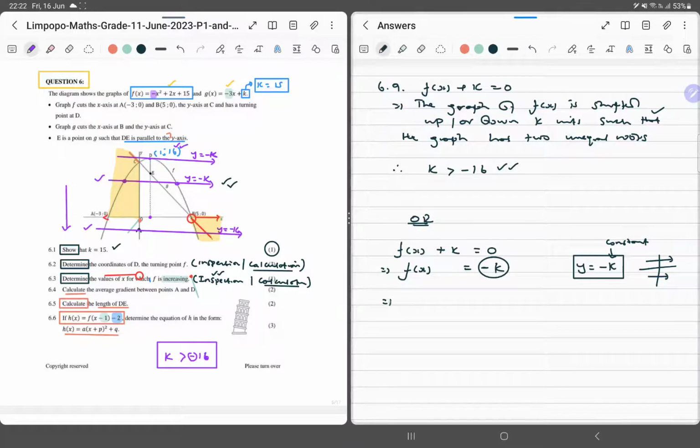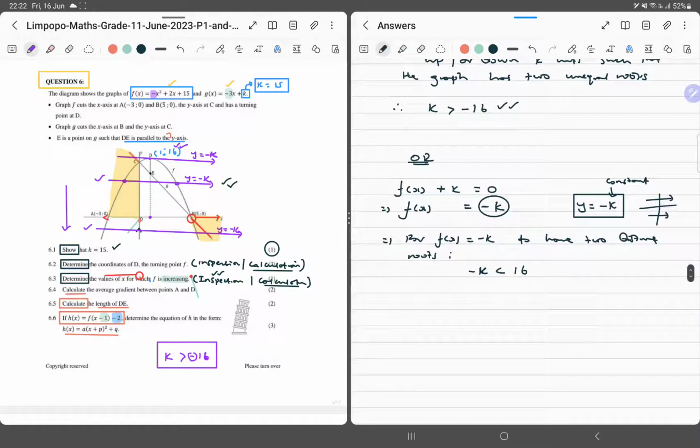So we can say this implies that for f of x equals minus k to have 2 distinct roots, it is such that minus k, now you're going to write the minus k as it is, must be less than 16, which is the turning point, because we can't have it going above or at that turning point, but anywhere below it's acceptable.